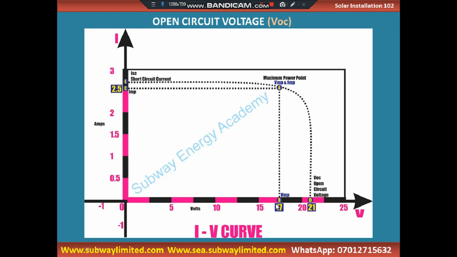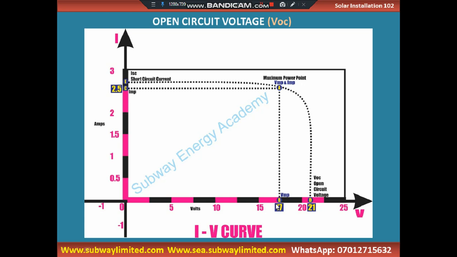That voltage is the open circuit voltage of that solar panel, because it is not connected to any load. So it is very important to test any solar module you want to buy in the market to be sure of the value of the open circuit voltage.